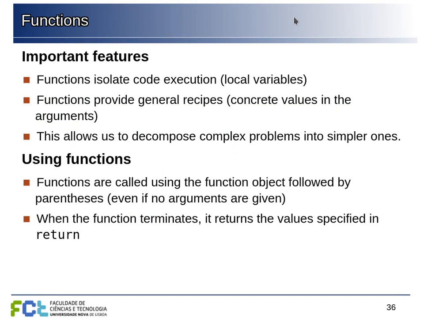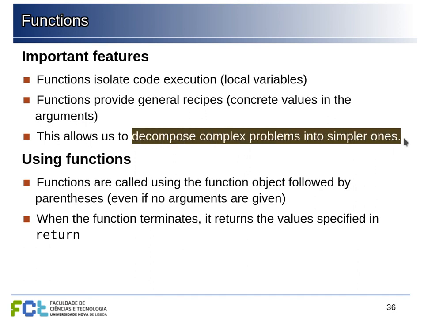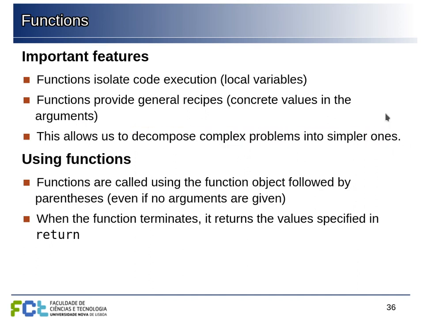We can isolate the execution of the code, and this allows us to decompose complex problems into simpler parts. And then when we want to use the function, we just call the function using the name of the function, so that object followed by parentheses. Even if we have no arguments, you need to put in the open and closing parentheses to indicate to Python that you want to execute the function.